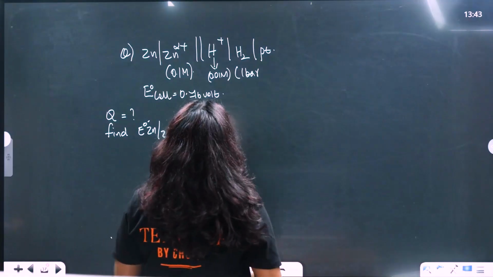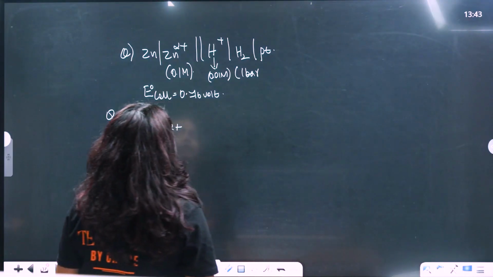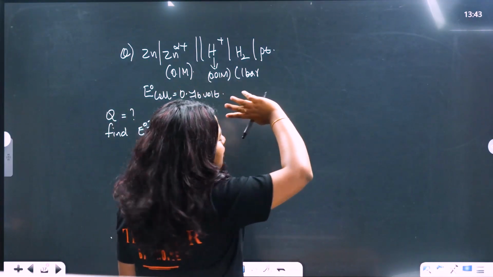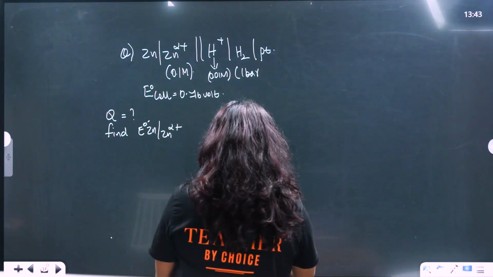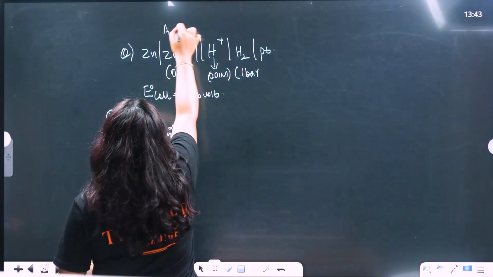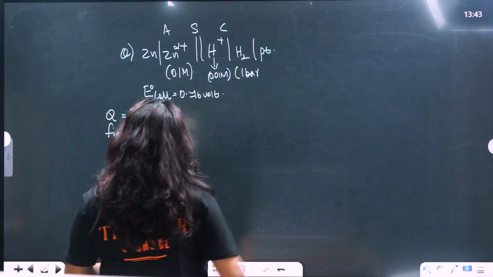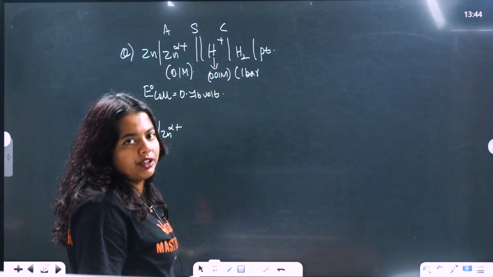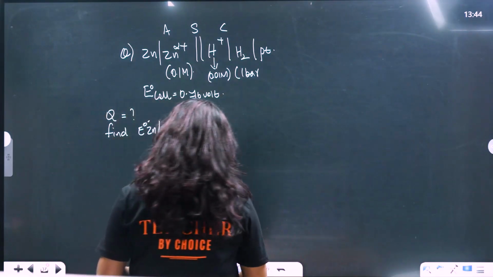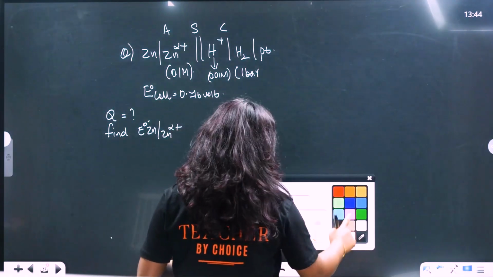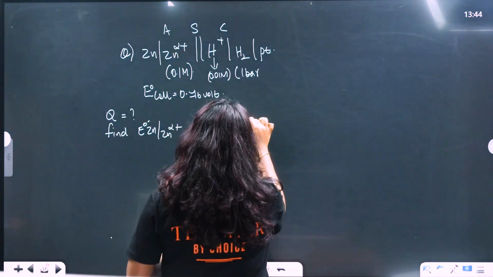If you got a question like this, first of all, you can understand that Zn gives Zn2 plus. Always remember, I will give you an idea here. Always they will write anode, salt bridge, cathode. So which is anode here? Zn. So what will be the reaction at the anode?